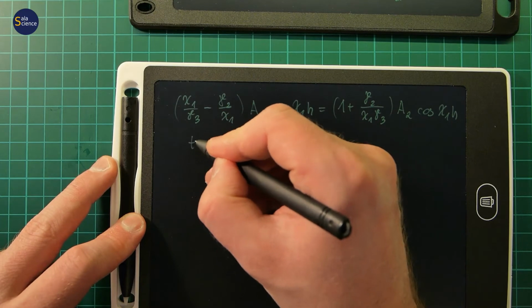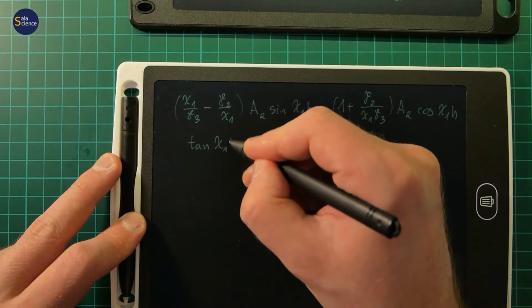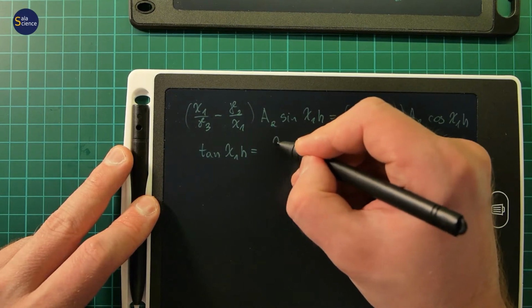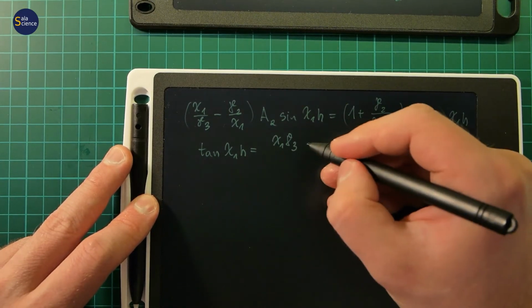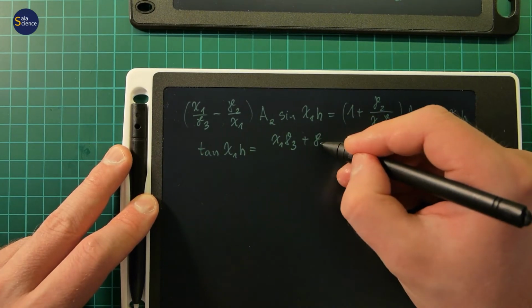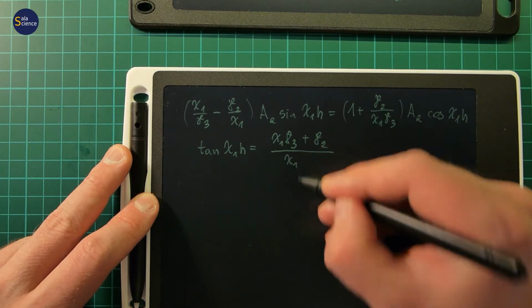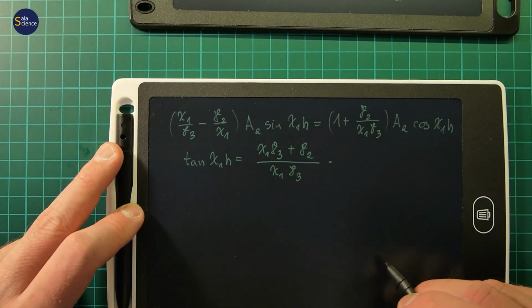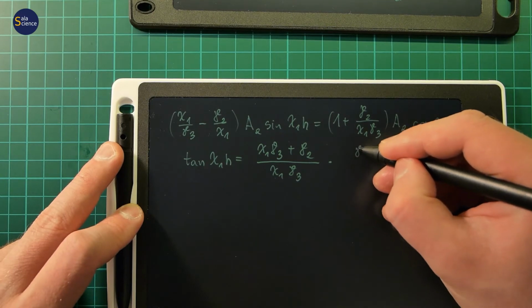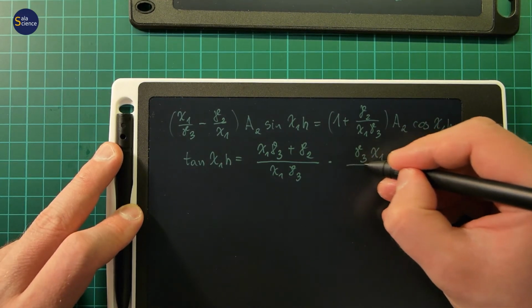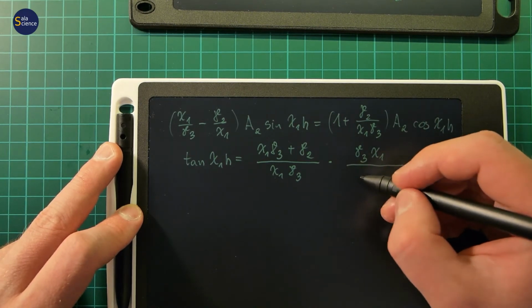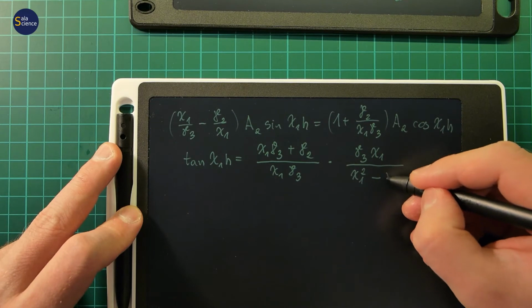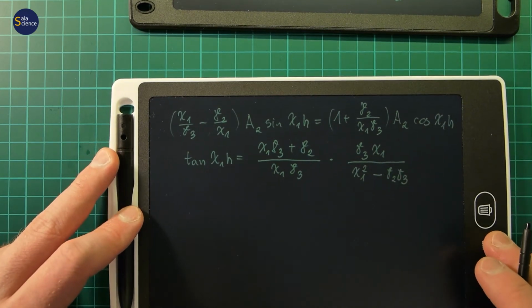So we will have tangent chi1 h, which equals chi1 over gamma 3 plus gamma 2 over chi1, all divided by 1 minus gamma 2 over chi1 gamma 3.